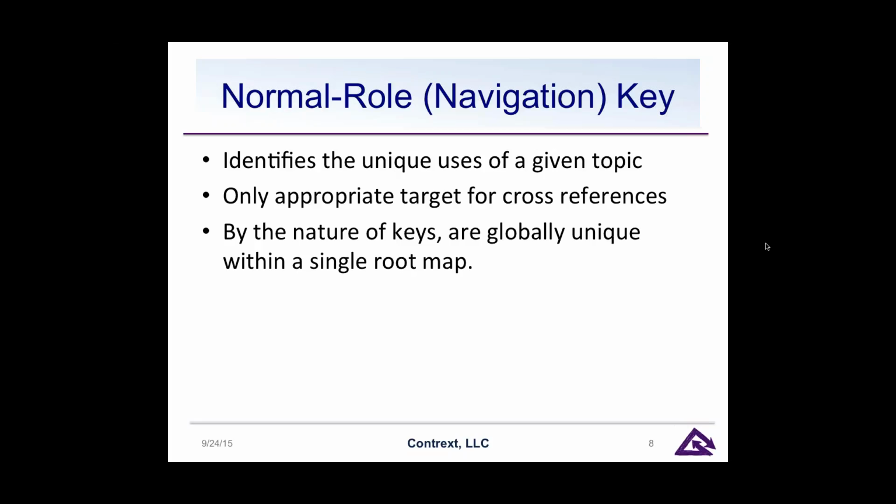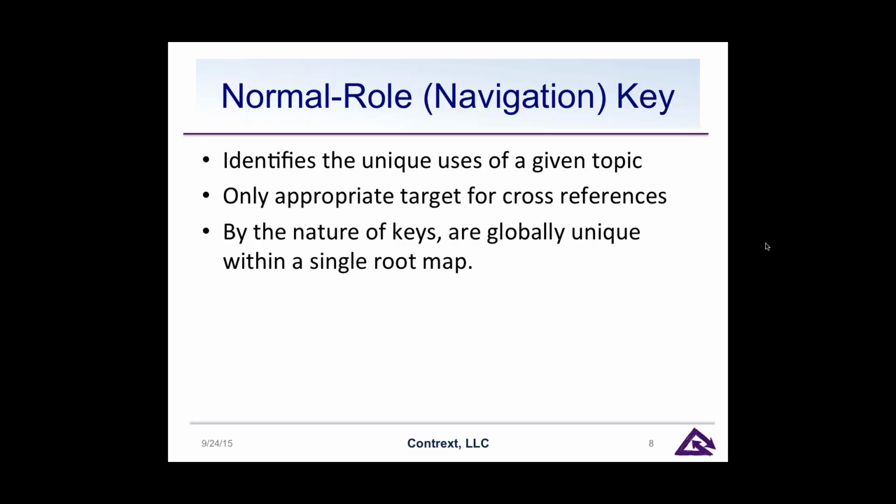If that topic is used multiple times in the map, then you have a problem, because it's not clear which use of that topic you actually want your cross-reference to go to. If the topic isn't actually used in the navigation structure, then you could have a broken link in your output. So it's very important that you not use resource-only keys for cross-references.